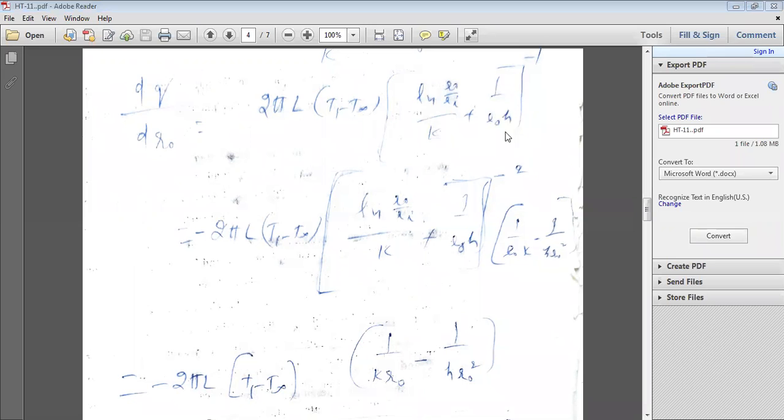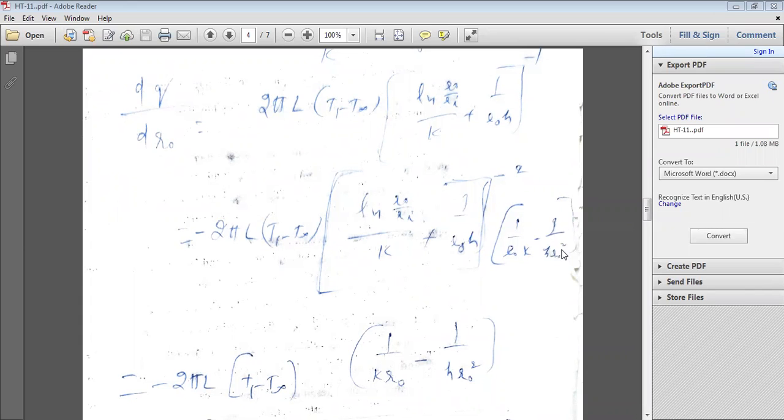So you have to differentiate this one. First the term within the bracket is to be differentiated. That's minus 1 minus 1, that is minus 2, into the differentiation of this term. Here the variable is Ro. For ln Ro, Ri is constant so its differentiation is 0, and ln Ro gives 1 by Ro divided by K, that is 1 by Ro K. And here 1 by H is constant, but Ro to the power minus 1 differentiates to minus 1 into Ro to the power minus 2.